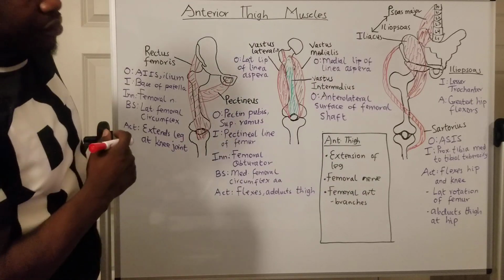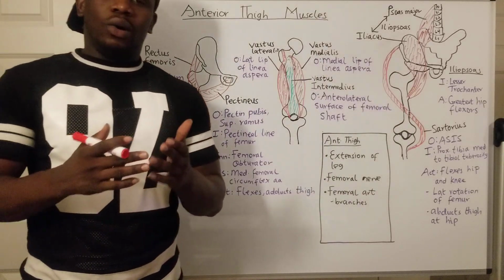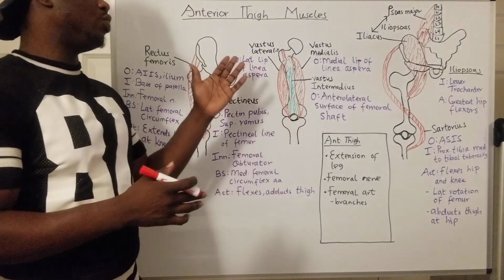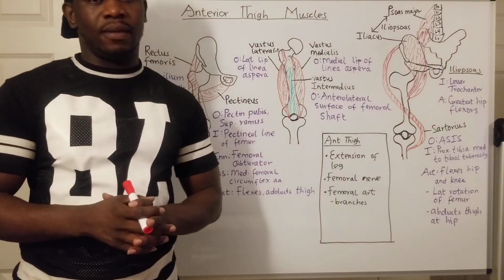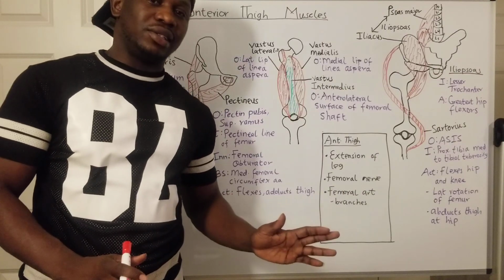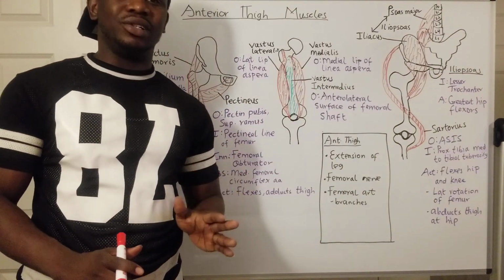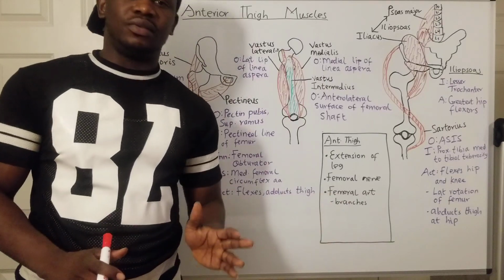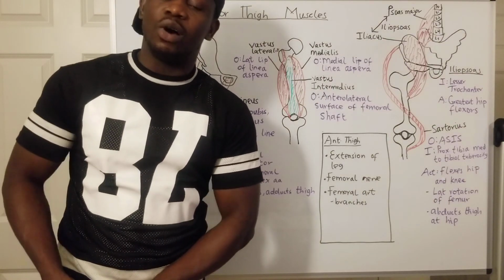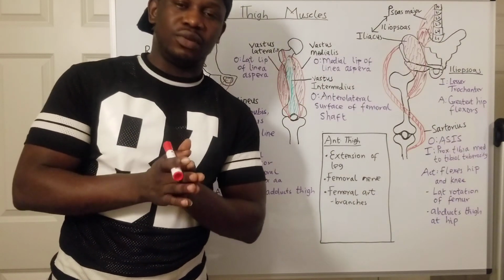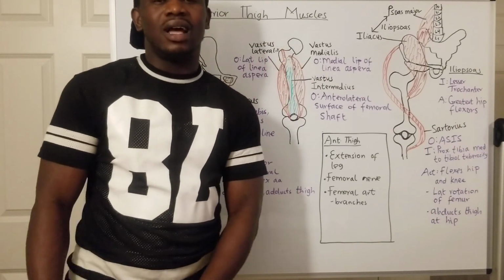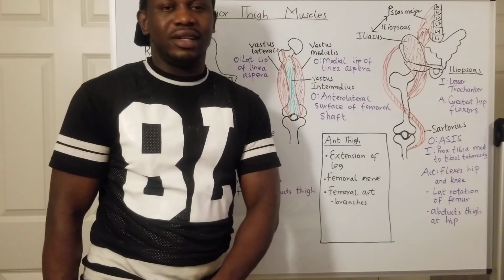So in summary, on the exam, you have to be able to know the muscles of the anterior thigh. Know the blood supply: the femoral artery and its branches are the major blood supply. What is the nerve? Femoral nerve. Every time you see the anterior surface of the thigh, femoral nerve. As for functions, all the quad muscles are for extension of the leg at the knee joint.